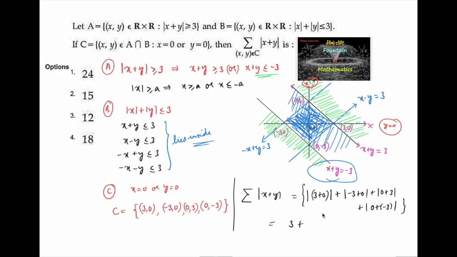Again minus 3 plus 0, minus 3, mod is plus 3, and again here 3 and here also 3. So 3 into 4 is 12. So we can say the answer is 12, which is option C.